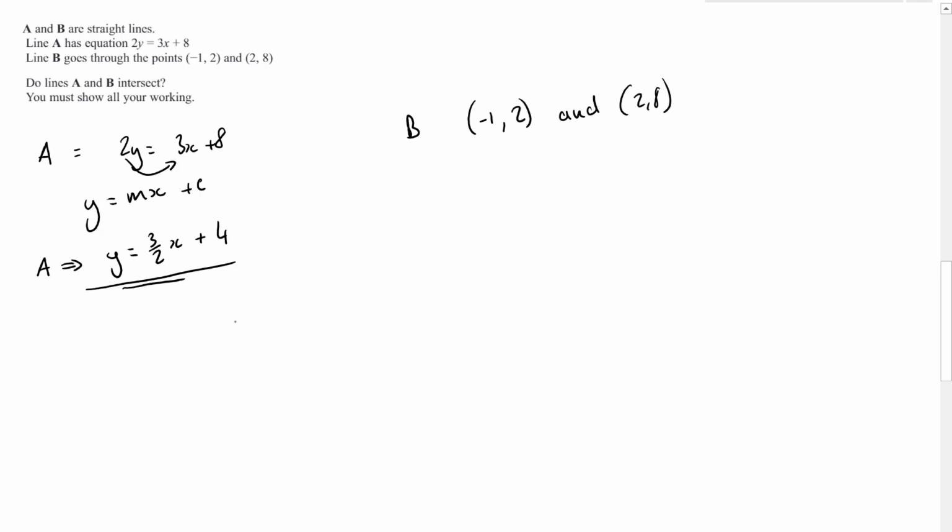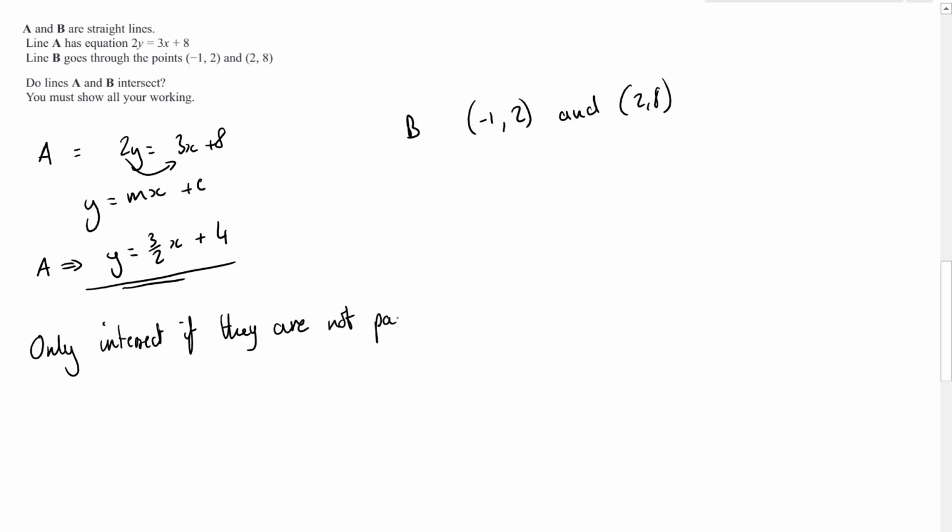Meaning, do they just cross over each other at any point? Okay. And to do that, the only way that lines can't intersect is if they're completely parallel. So they only intersect if they are not parallel.